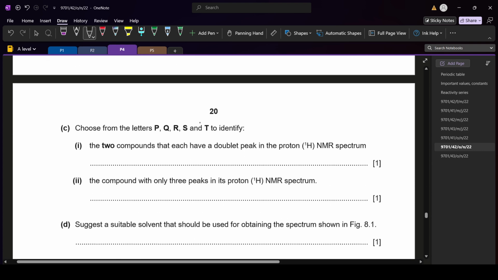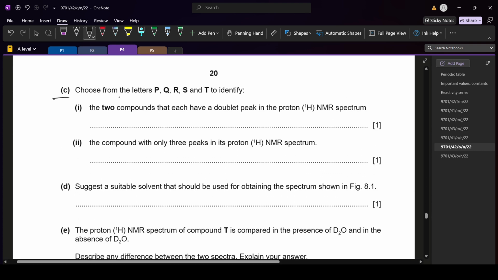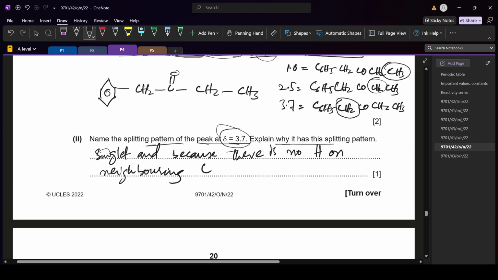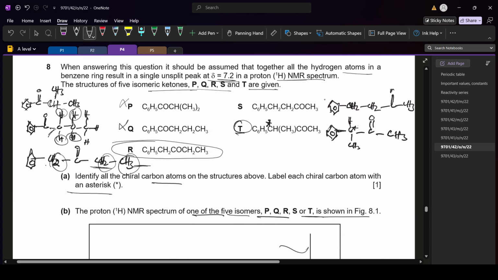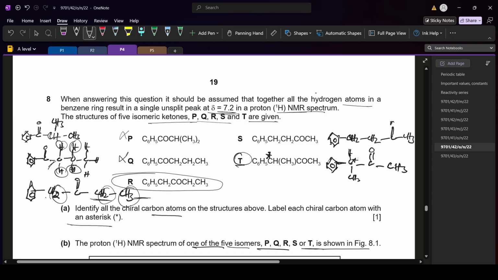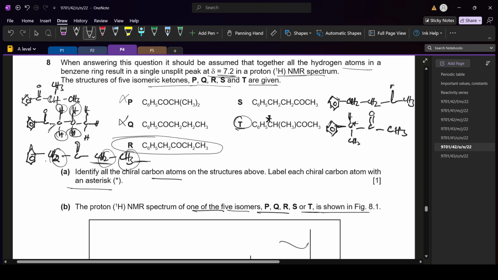Now moving towards part C. Choose from the letters P, Q, R, S, and T to identify the two compounds that each have a doublet peak in the proton NMR spectrum. Doublet. Let's see which of these compounds will give a doublet.